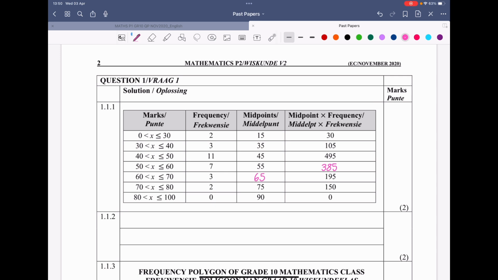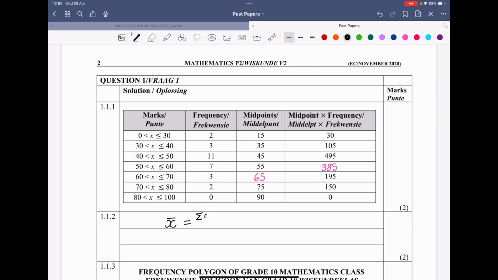All right, and then next 1.1.2, we're asked to find the estimate of the mean. So the estimate of the mean is x bar, and that is going to be equal to the sum of the midpoints times the frequencies divided by the sum of all the frequencies. So I can write it like this.